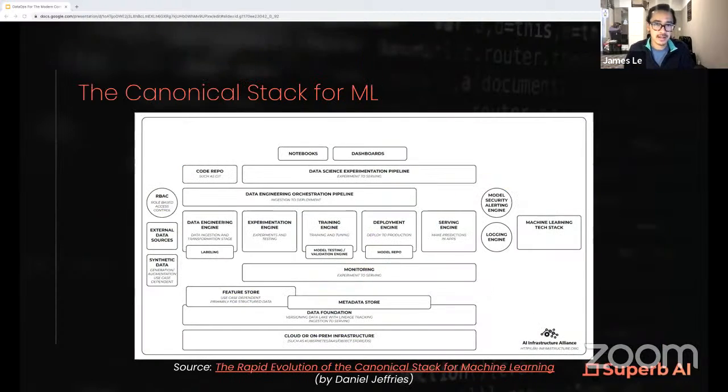Now, I would say that machine learning and computer vision, as a subset, is also evolving and converging in the same paradigm. What I call the canonical stack for machine learning. My company, SuperAI, is part of this organization newly formed last year called the AI Infrastructure Alliance. This alliance is dedicated to bringing together the essential building blocks for AI applications.